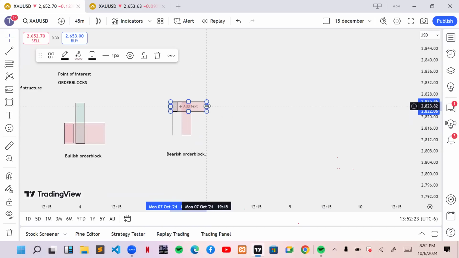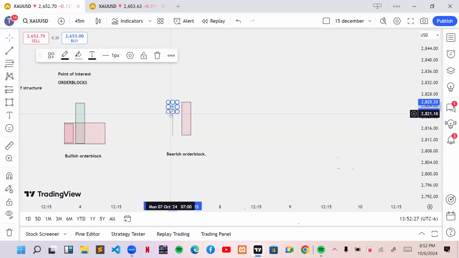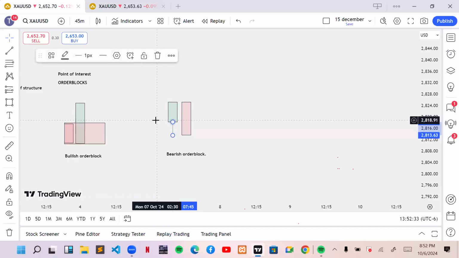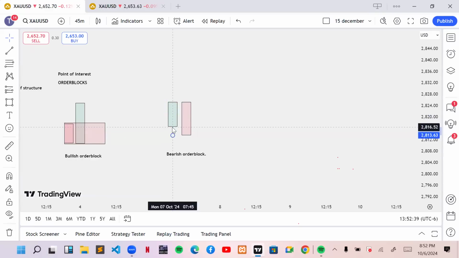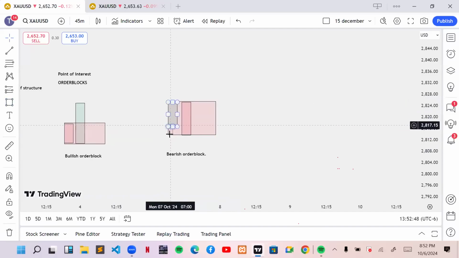Or in a situation where the wick is smaller than the body, for example, this is the body, and then this is the wick. So this is the body of the order block, and it's bigger than the wick of the order block. If you're picking your entry, pick your entry from the wick of the order block. Do you understand? Because in this case, the body is bigger than the wick.